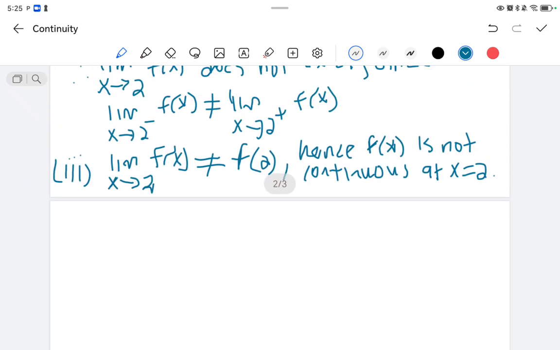Then we have the third question. This one you're going to do as an exercise, just to test what we've been doing.